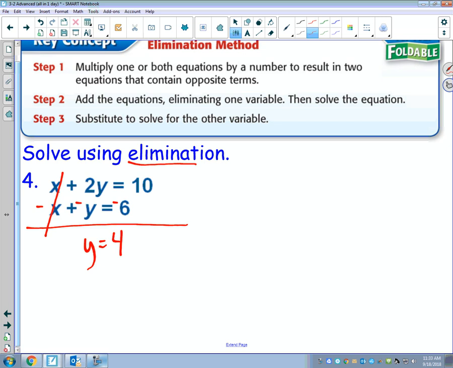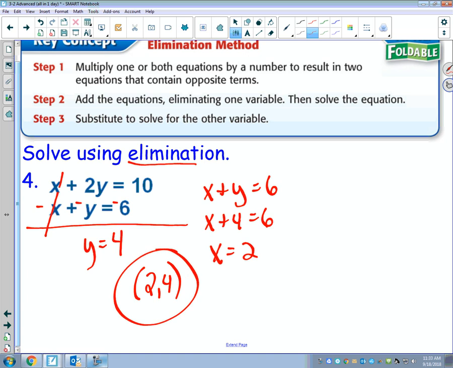But just like in substitution, you still got to go back and find what x is, and you can plug it into the top equation or the bottom equation. I'm going to plug it into the bottom equation and get x plus 4 equals 6, so that means x equals 2. So my answer is (2, 4).